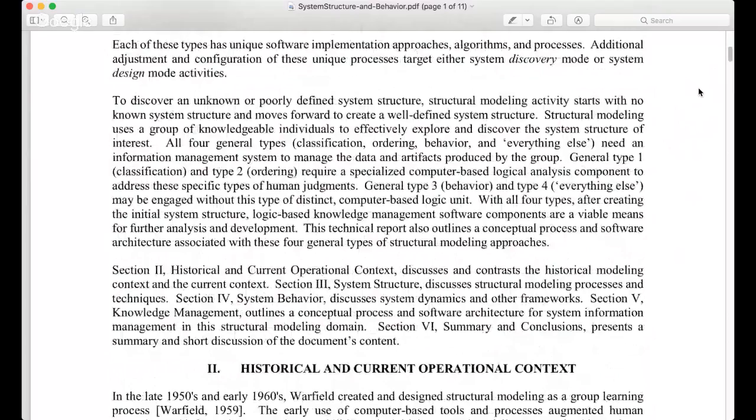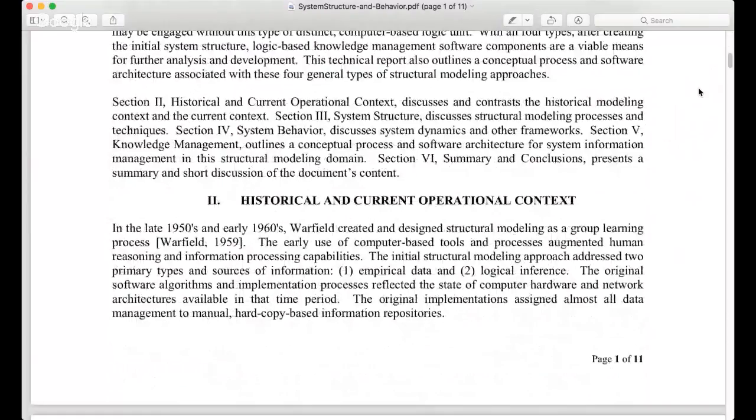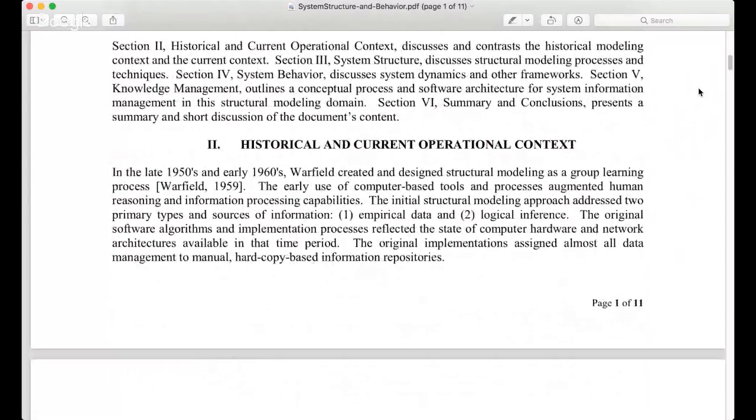For the historical and current operational context, much of the work on structural modeling was done back in the 60s and 70s, and the work that Warfield did in 1959, there was a chapter on systems engineering and about specialty types of areas of people using logic to integrate a system into a larger system.